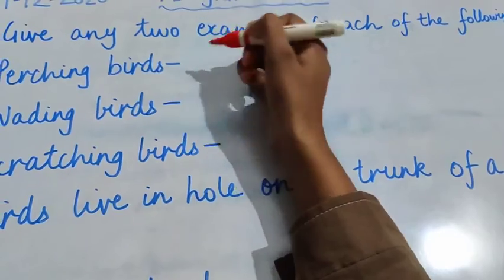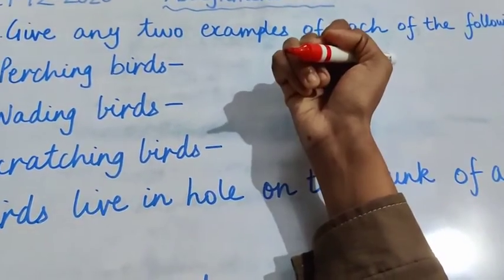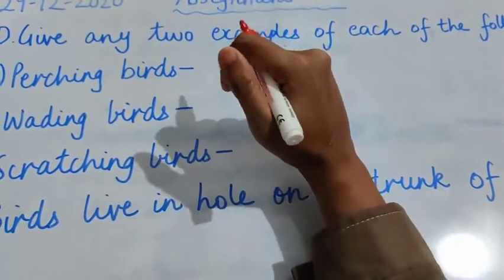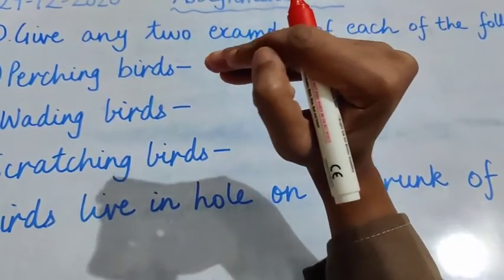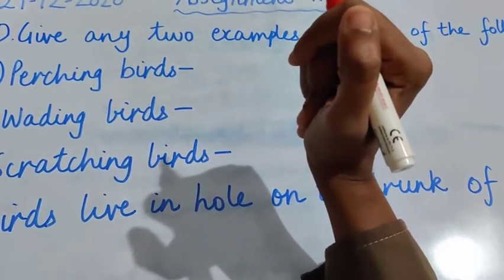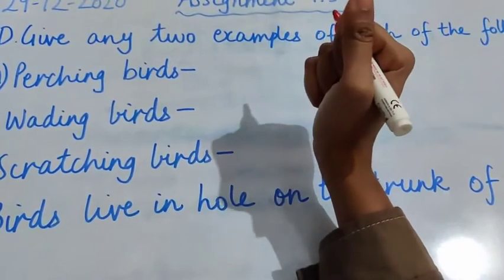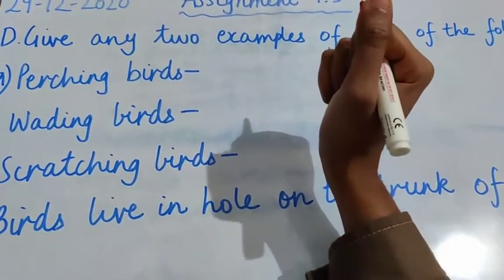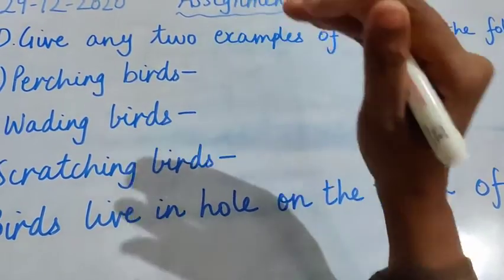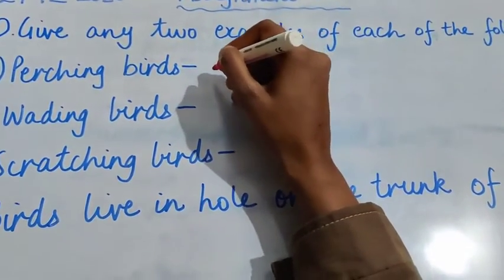Perching birds have toes that can hold trees very properly. They can fly from one tree to another, and they can even sleep with the help of their toes. Holding a branch firmly, they can easily sleep on the tree, and that is why they are known as perching birds, because they roam from one place to another and can easily perch on trees.